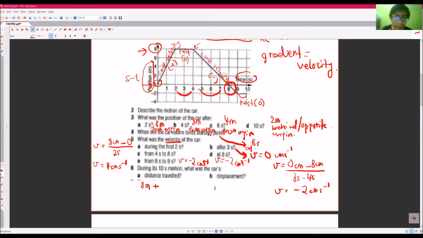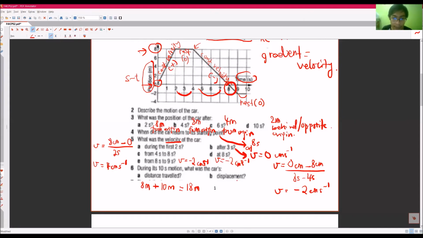So 8 meters, and then it doesn't move, so no distance. And then we move 8 meters to return to the origin, and then 2 meters extra in the opposite direction, so 10 meters. And then at rest, so no count there. So actually the distance traveled is just 18 meters.